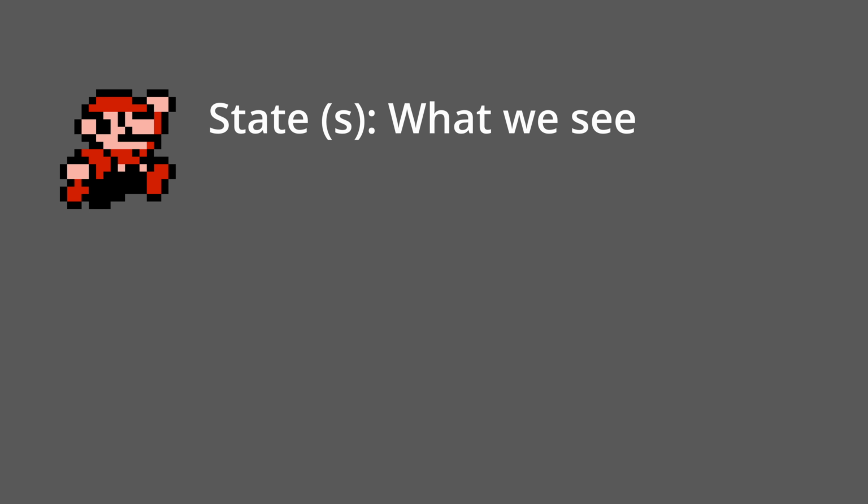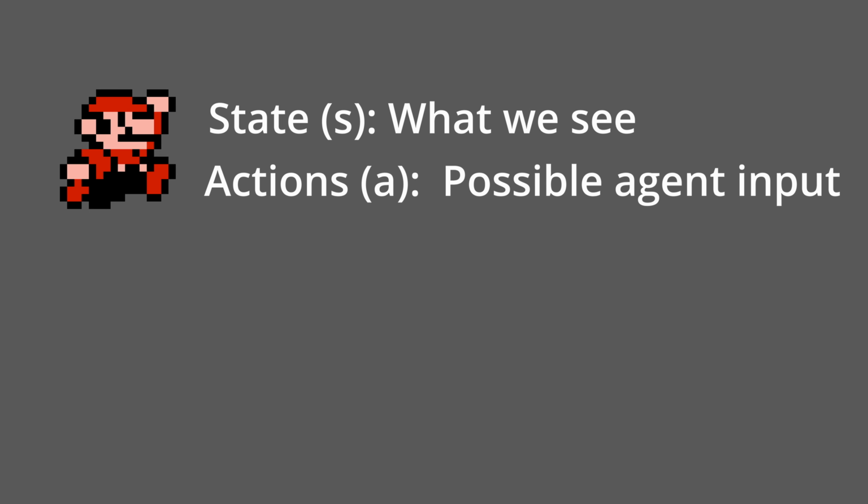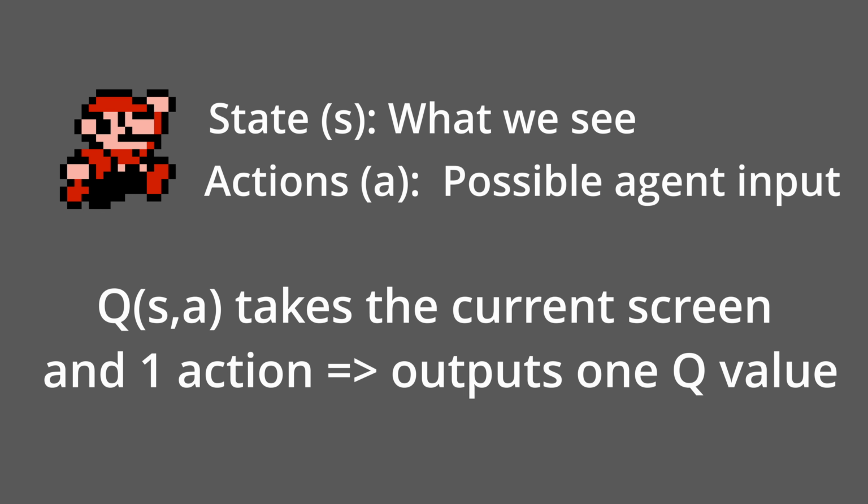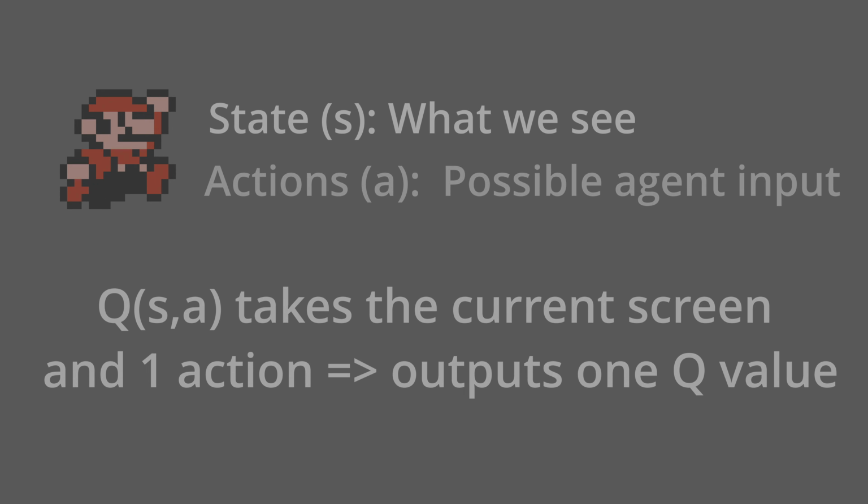Let's go back to Mario. The state is what Mario sees, the game screen, and the actions are things like move right, move left, jump, jump right, and so on. The Q function takes in the current screen, one possible action, and it outputs a number, a Q value. This number tells us how good that action is.